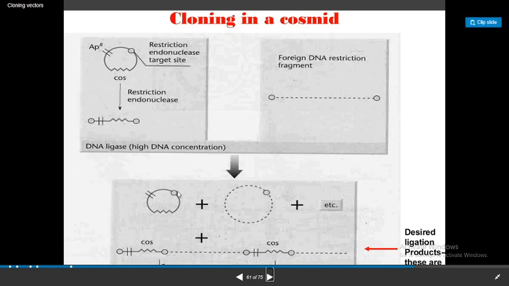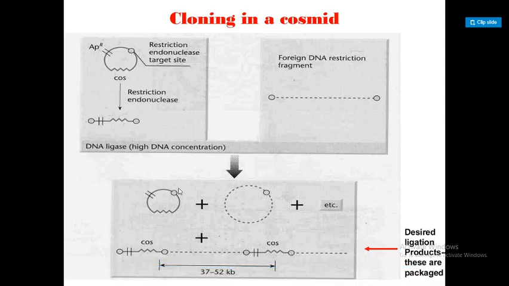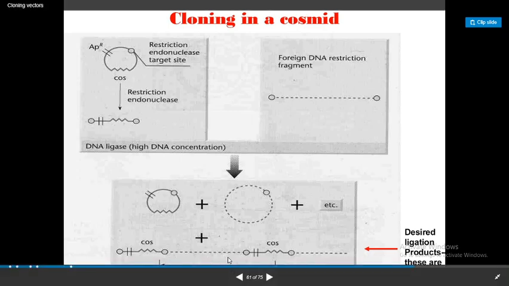The restriction enzyme will cut this cos site, and you can incorporate the foreign DNA. This is the foreign DNA. The restriction enzyme will cut the cos site, and this foreign fragment can enter into this area for further replication.